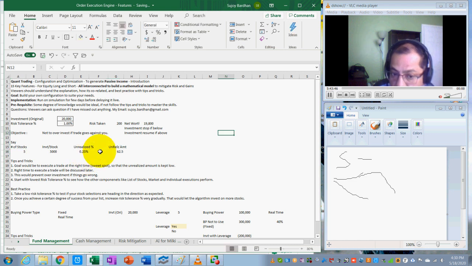So it will take a risk of 0.25%, assuming your unrealized profit is $62.50.